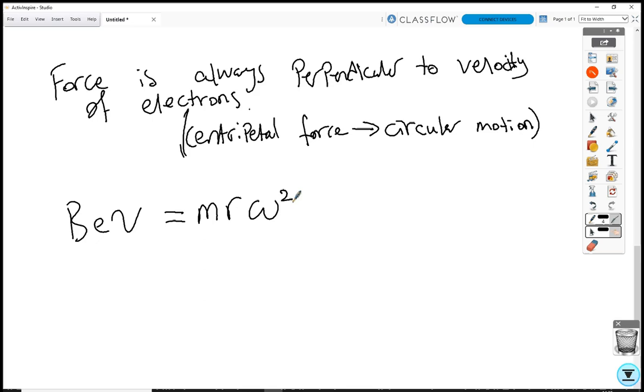Then we can rearrange this equation to get e over m, which is our specific charge. So it's R omega squared over BV.